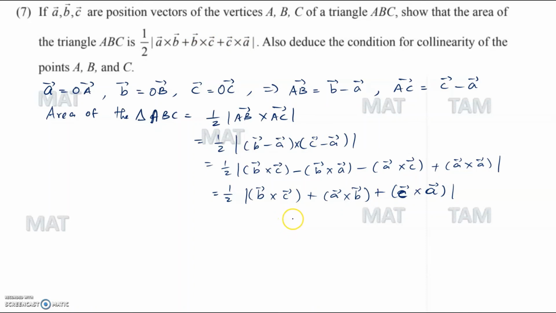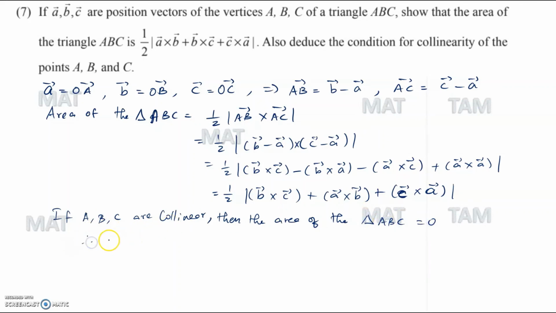Now for collinearity, we have to show that the area of the triangle is equal to 0 because they all fall on the same straight line. So if A, B, C are collinear, then the area of the triangle ABC is equal to 0.